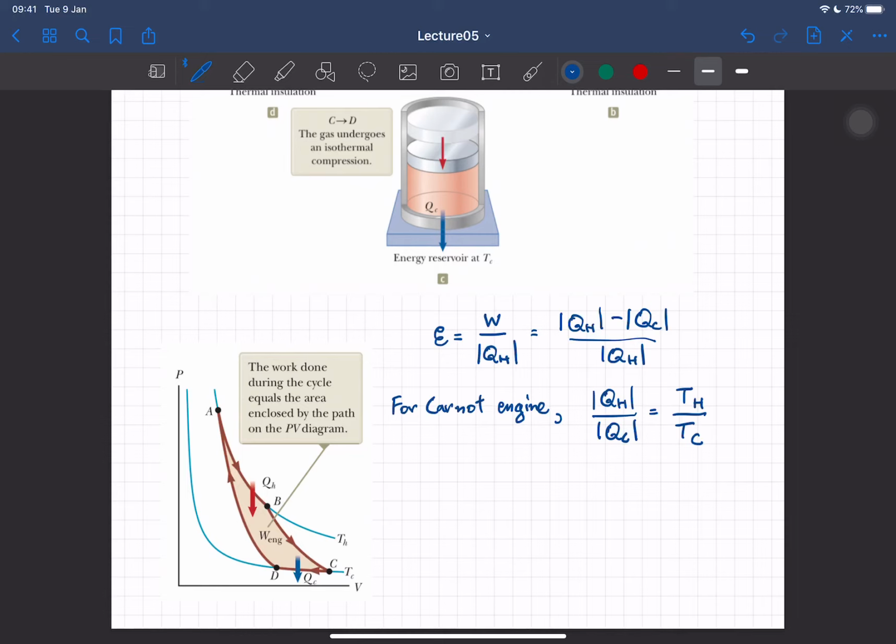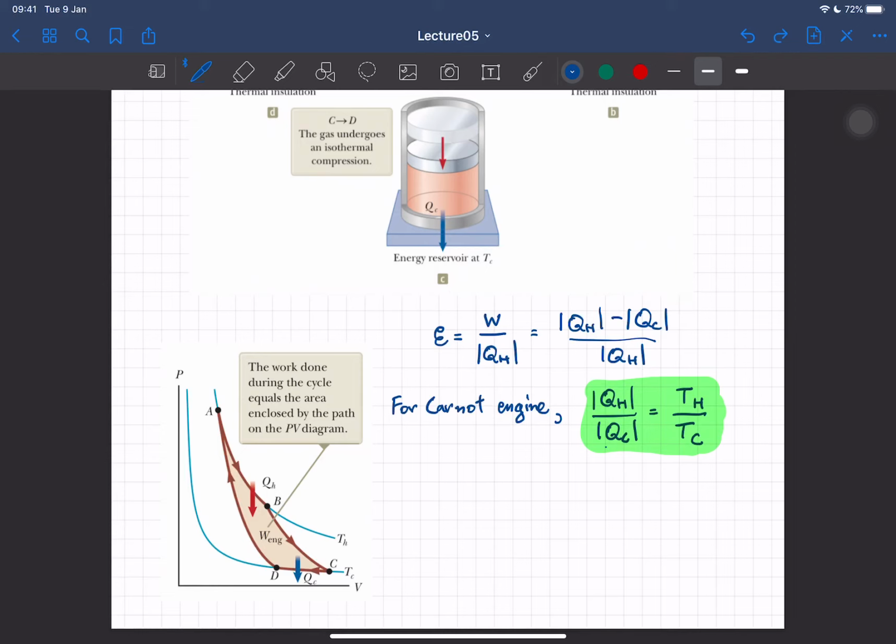Okay, so again, this formula here is only true for Carnot engine. Any other engine which is not Carnot, this is not true. You have to be careful in using this formula. But the efficiency is true for any engine because that's just the definition of efficiency.